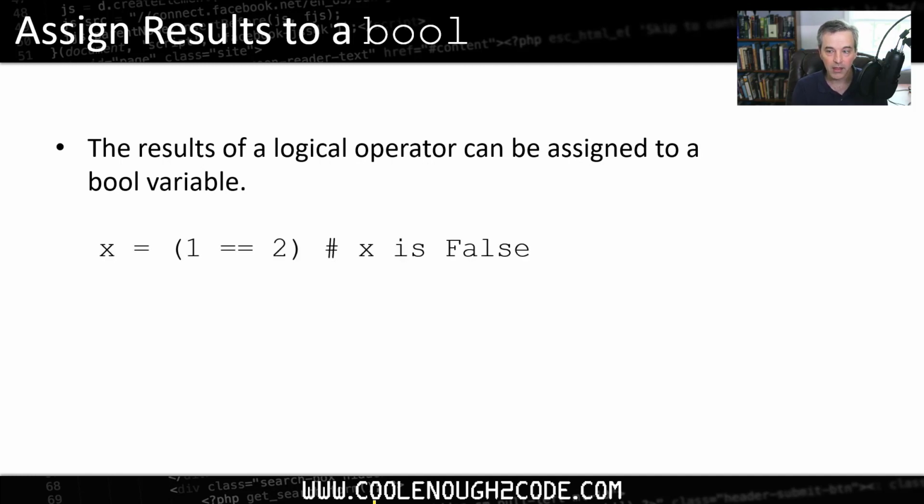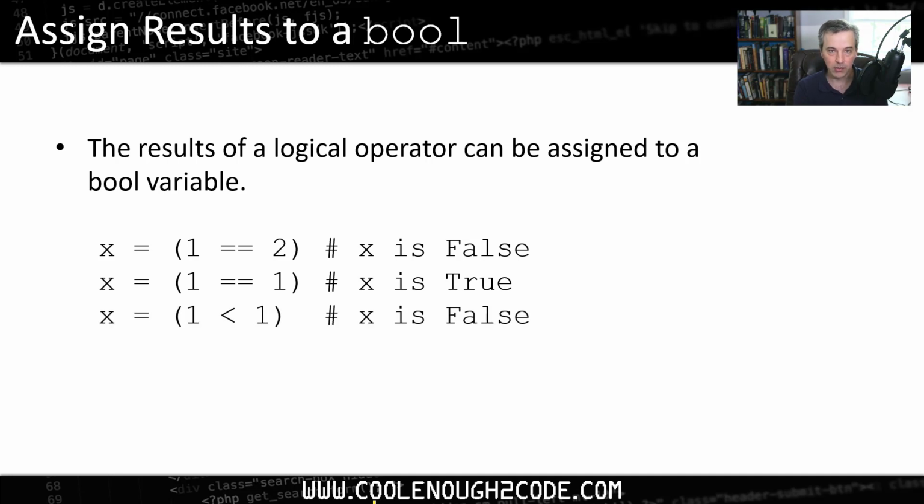So in the case that we have here, we have x equals the output from 1 equals 2. So in that case, x would be false. In the case of this one, where we have x equals, and in parentheses 1 equals 1, that would return true, so x would be true. And in the case of less than, we would have false, and then 1 less than or equal to 1 would make x true.